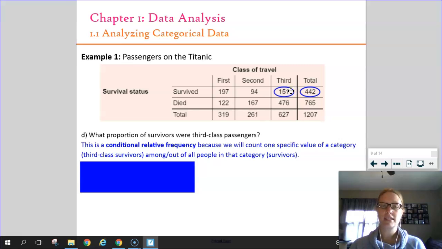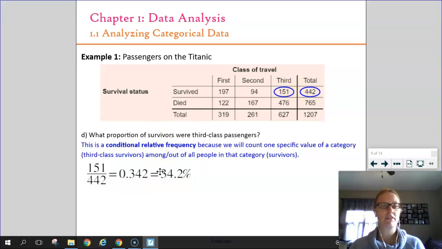So what makes this a conditional relative frequency problem is I'm not taking anything out of the total passengers on the Titanic. Instead, I'm taking the number of third-class survivors out of the total who survived. So 151 divided by 442, which gives us 0.342 or 34.2% of the survivors came from third class.